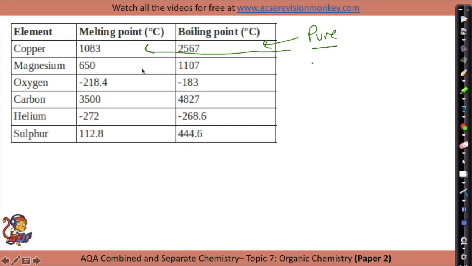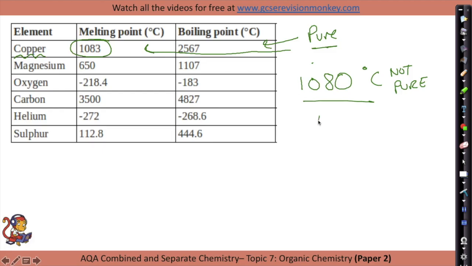If they were not pure, you would not be able to melt the substance at this specific temperature. For example, if you were testing a sample of copper and you came out with a melting point of 1080 degrees C, that is not pure, because it is very slightly different to 1083, which is the correct melting point for copper.